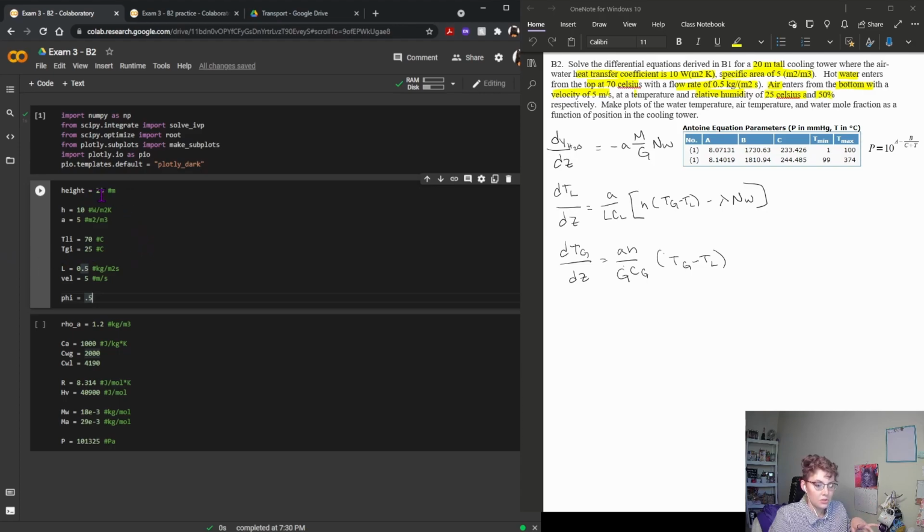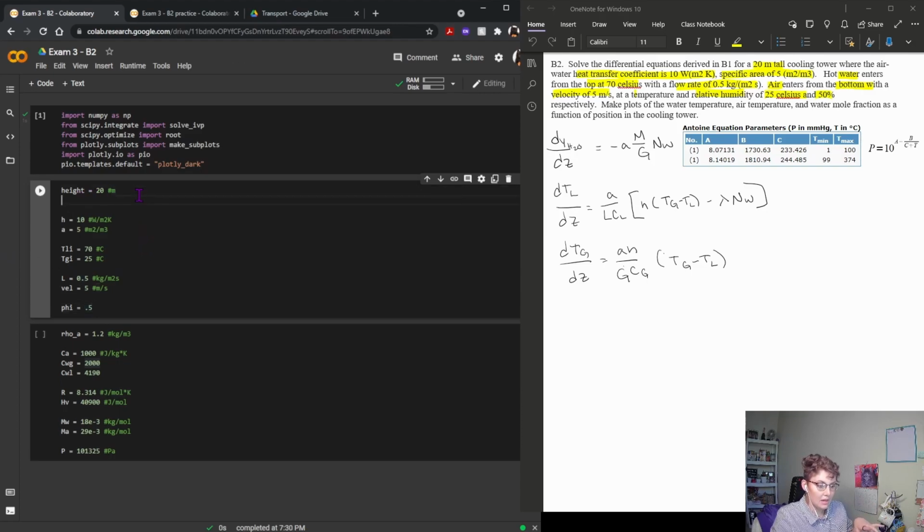The first thing that I'm going to want to do is make an array of values that we will be using later to plot and solve for multiple values that we're trying to solve for. What we're going to want to do is have a set of equally spaced numbers so that we can graph them.